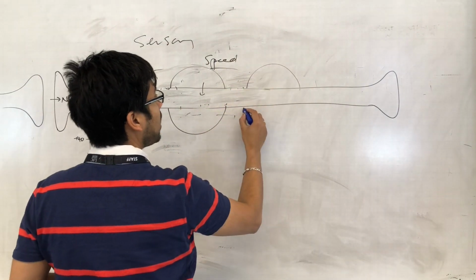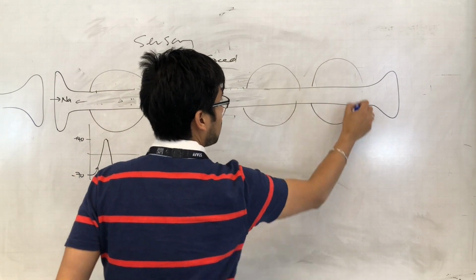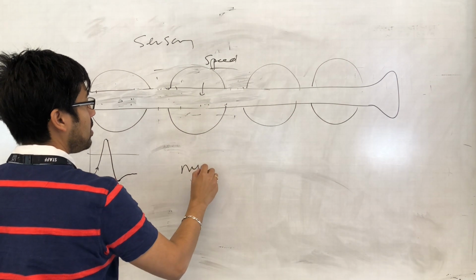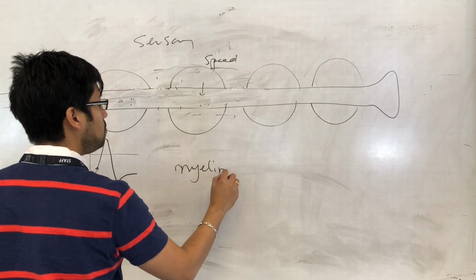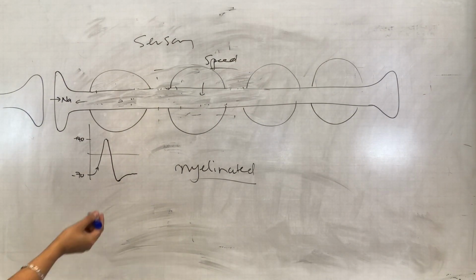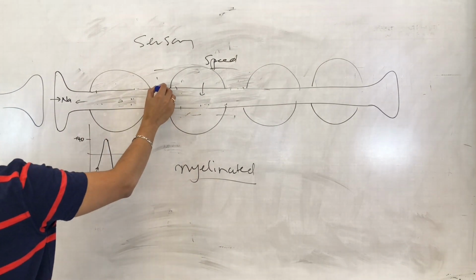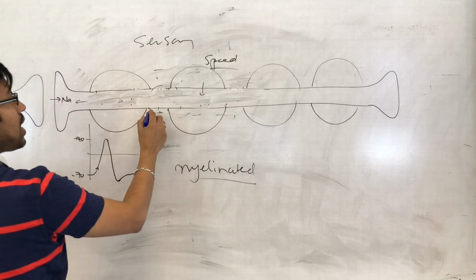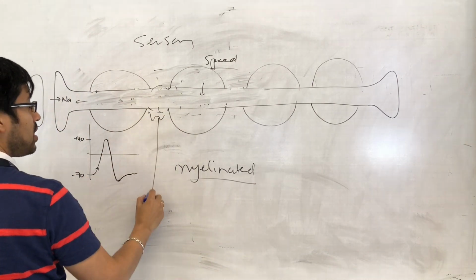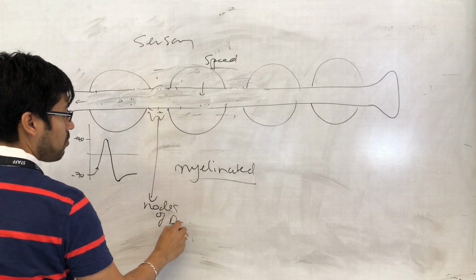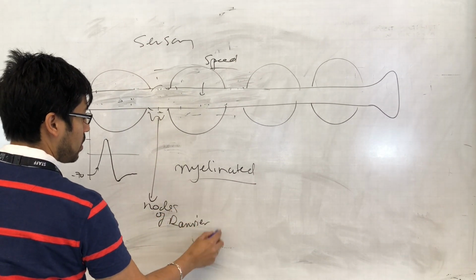And so when you do have Schwann cells on an axon, i.e. this axon is myelinated, the events of the action potential are concentrated at these non-myelinated areas known as nodes of Ranvier.